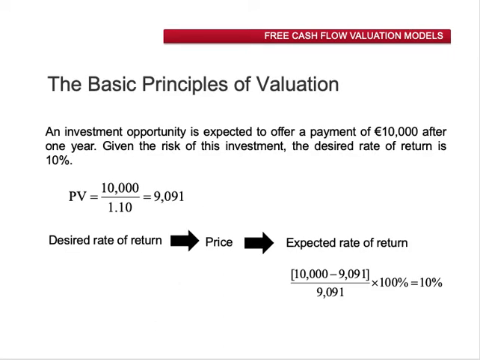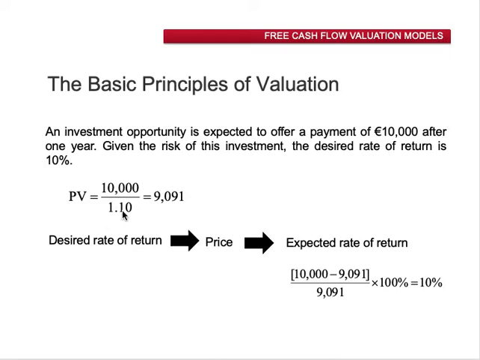Now, how does this work? Let's assume that we have an opportunity that offers a payment of 10,000 euros after 1 year, and the cost of capital is 10%. That means that you have a future cash flow of 10,000.